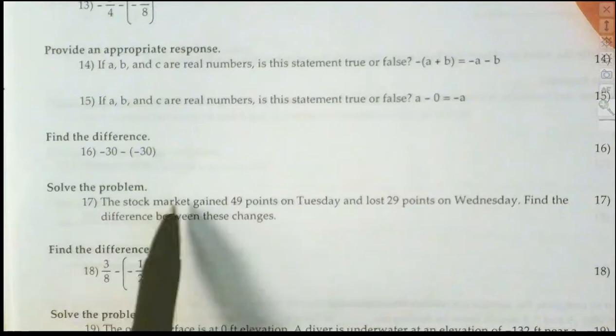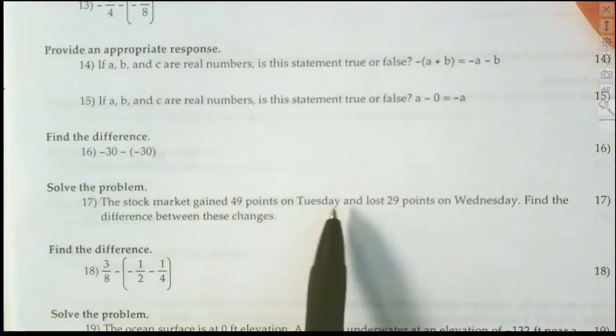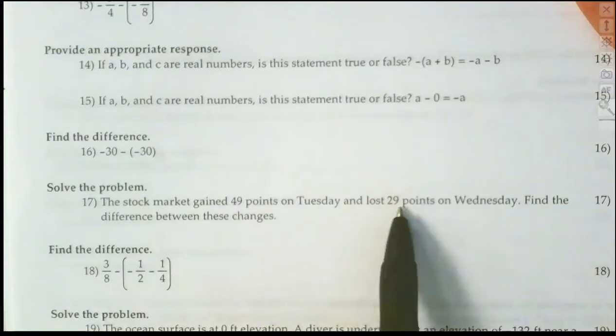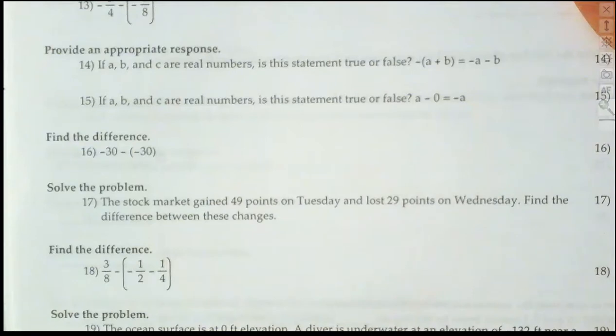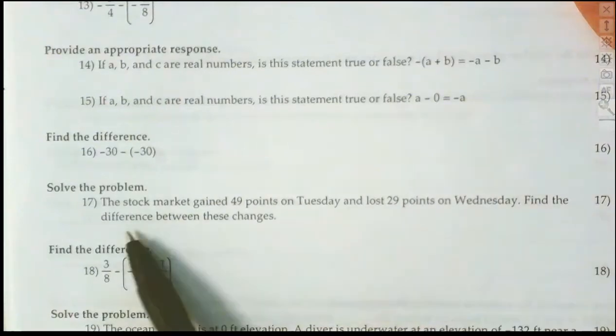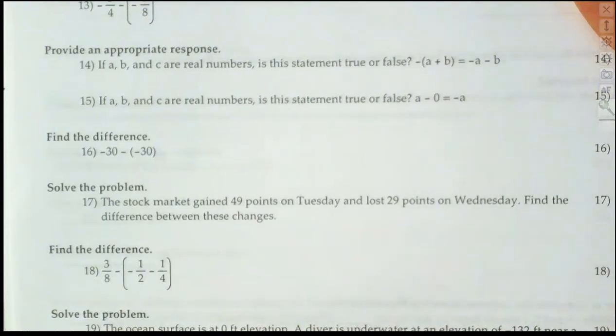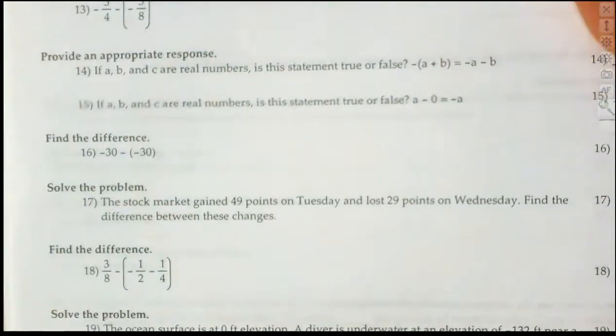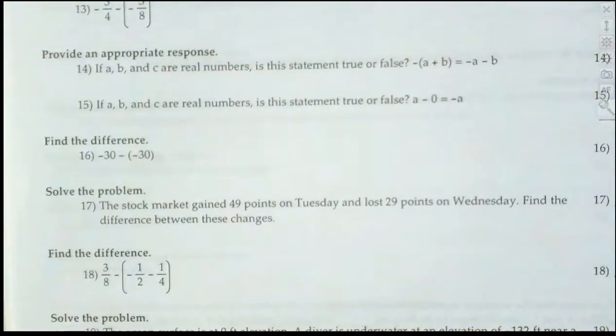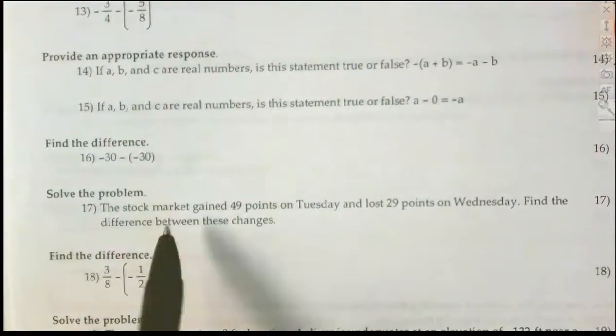So the stock market gained 49 points on Tuesday and lost 29 points on Wednesday. Find the difference between these changes. So we're going to be subtracting. We want to know the difference between them, the highs and lows. How much was the total change? So what do we have first?